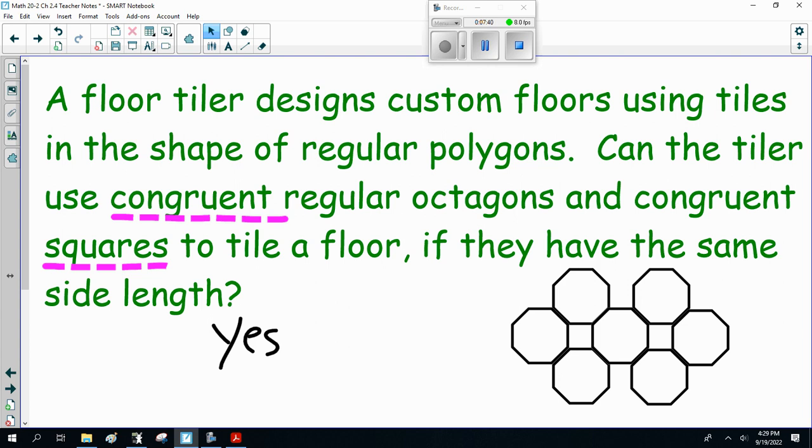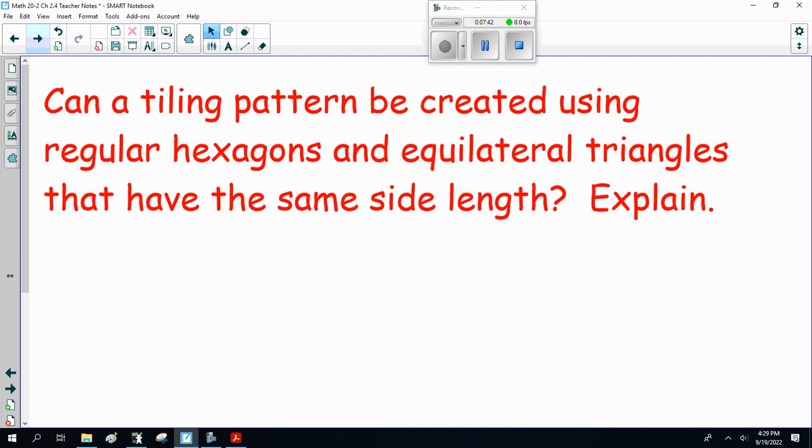Nice. Now, moving on. Can a tiling pattern be created using regular hexagons and equilateral triangles that have the same side length? Okay. So hexagons are 6-sided.